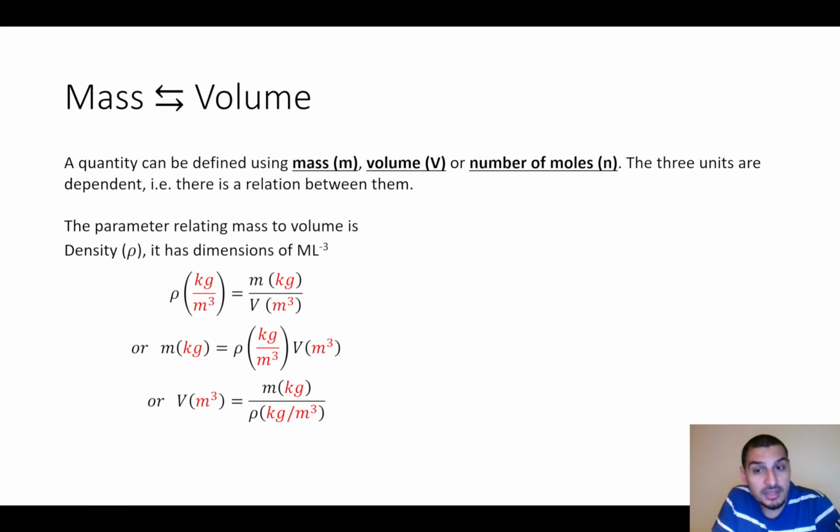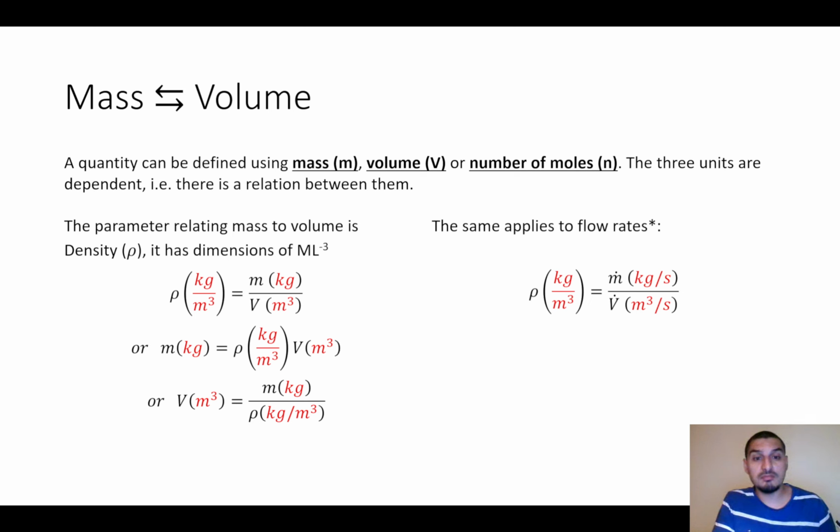We can apply the same concept or the same relation to the rates, and the equation is still valid, and the units are homogeneous. So we can say that the density equals the mass flow rate over the volumetric flow rate. In this case it's kilogram per second over meter cubed per second, so the second will cancel out and the result would be the same. So we don't have a density rate.